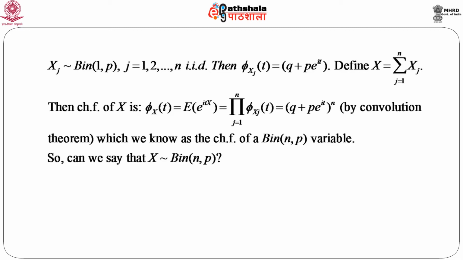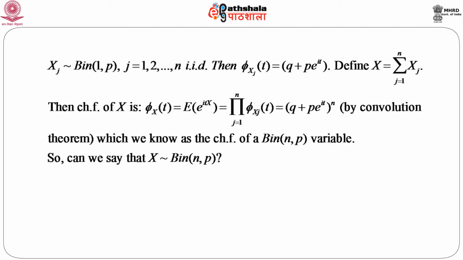If we replace X by the summation of X_j, then we can write this as a product of e to the power i t X_j, and since X_1, X_2, ..., X_n are independent, e to the power i t X_1, e to the power i t X_2 and so on are also independent. So, this product comes outside the expectation.